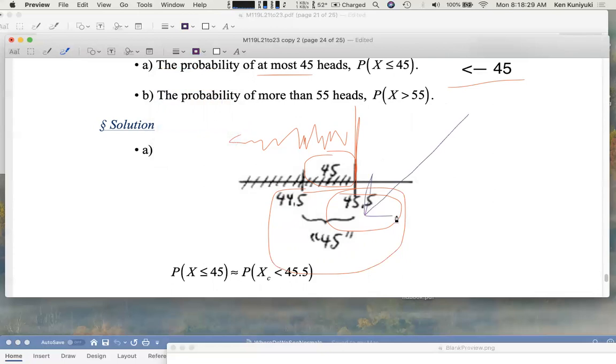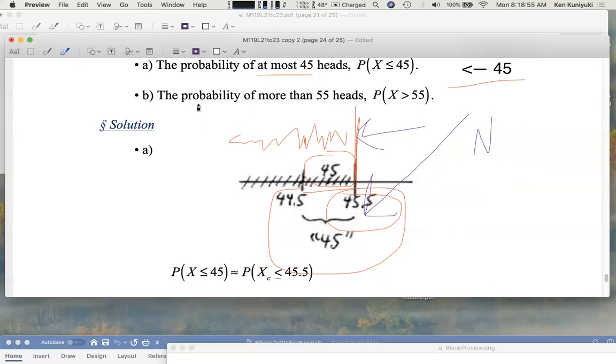I want the goalpost at 45.5, not 44.5, because I want all the shading to the left of this goalpost. So the probability that x is at most 45 heads is about the probability that corrected x is less than 45.5 heads. Again, I don't care if you put the bar here or not at the normal stage.